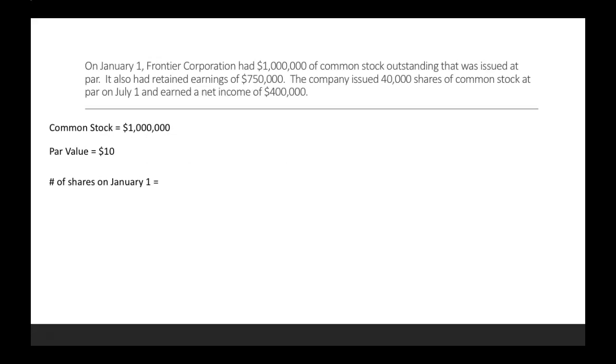Before we can move on to these entries, we need to figure out a few pieces here. The first thing, we need to figure out how many shares did we have initially on January 1st. So, we were told that our common stock was worth $1 million and that it was issued at par. So we can find our number of shares by taking 1 million divided by 10. So on January 1st, we had 100,000 shares of stock.